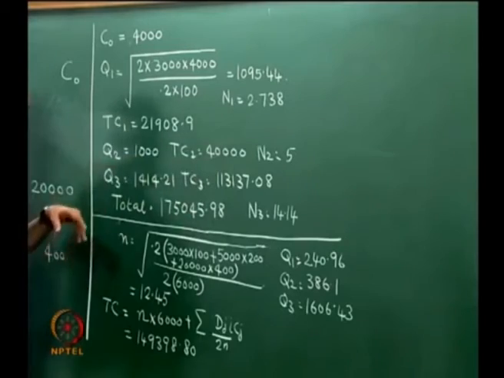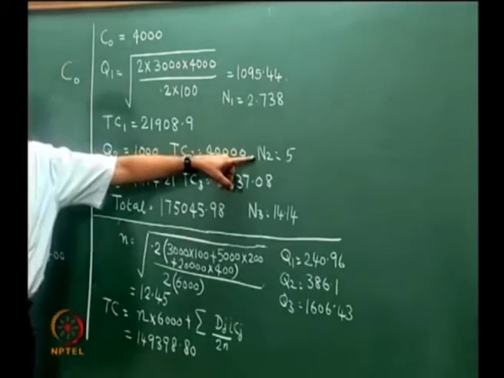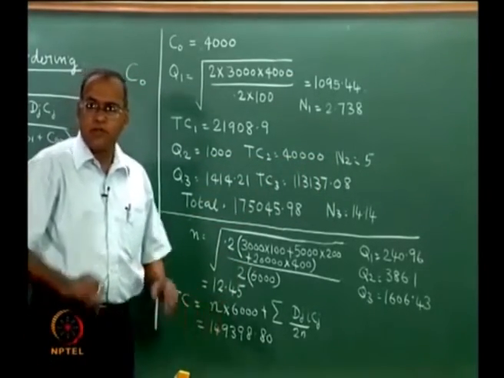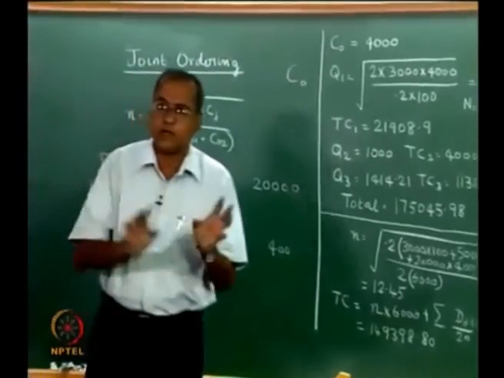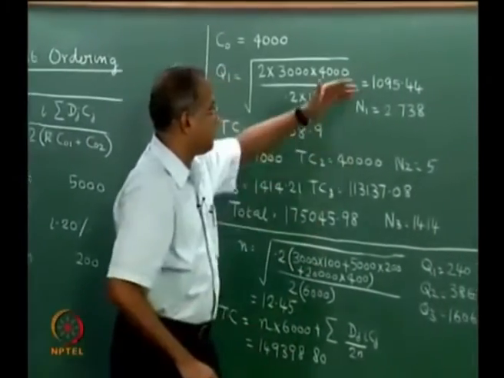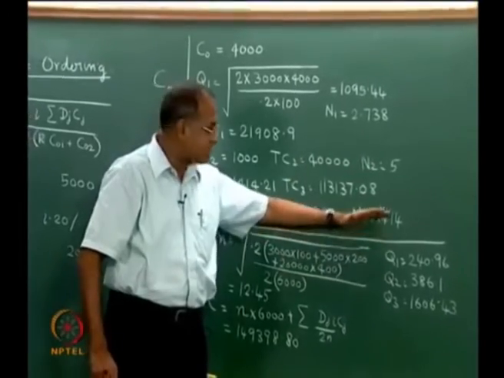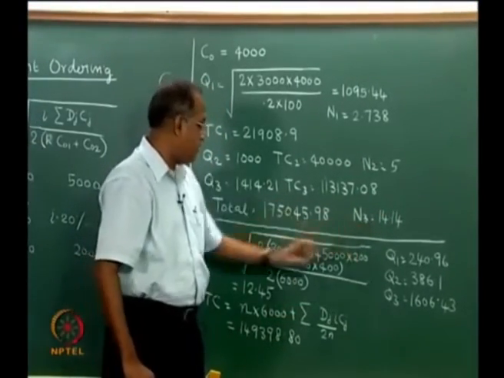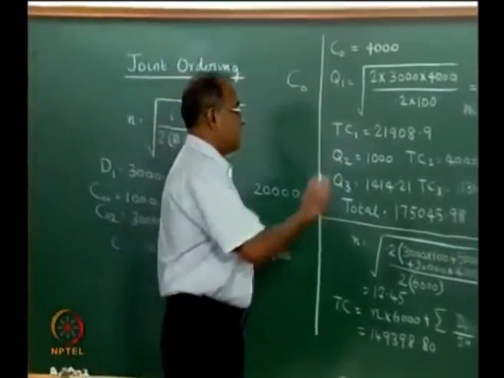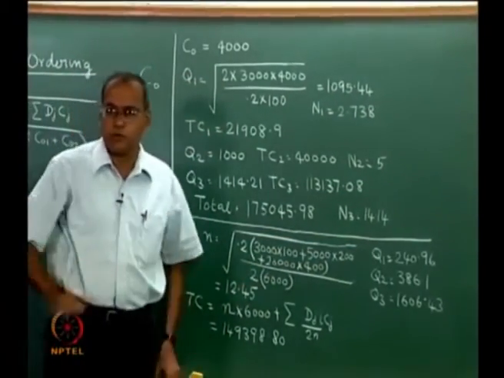Similarly, 5 when we did not have this joint ordering, and 12.45 when we had joint ordering. So, when we assume that n is the equal number of orders for all of them, we now tend to order more for items 1 and 2 and about the same number for item 3, maybe slightly less, 14.14 becomes 12.45. Since the number of orders is more here, the order cost component is also more.